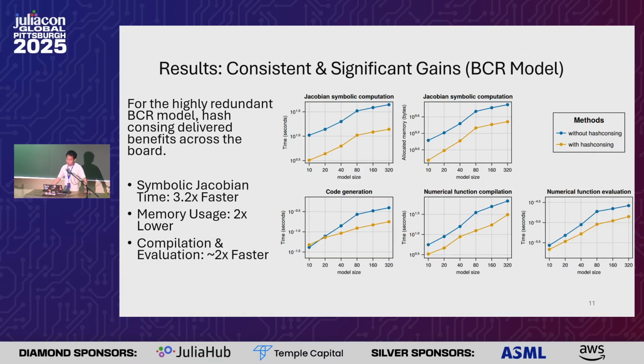By the way, in this diagram, the yellow lines correspond to the results with hash consing, and the blue line is the one without hash consing. And downstream, the compilation and execution were also twice as fast. This confirms that for problems with high redundancy, hash consing is a clear and decisive winner.